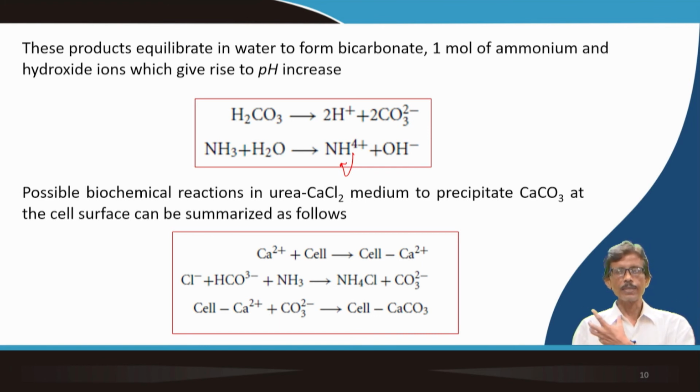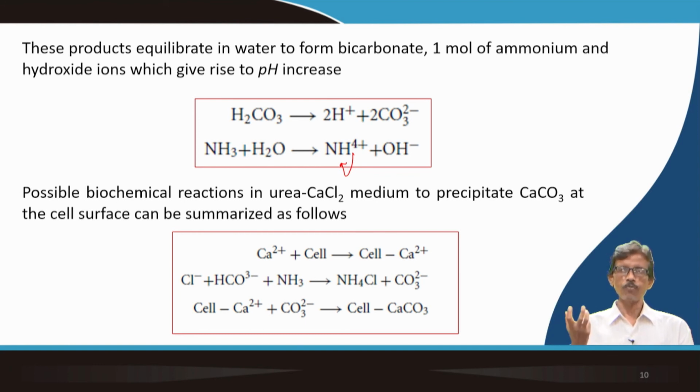Now, a simple reaction with chloride ion: bring chloride ion, ammonia is already there and carbonate is there, forming ammonium chloride. We are proceeding towards an ammonium carbonate, ammonium hydroxide buffered medium, and also another equilibrium due to H2CO3. So, the carbonate will replace that, will not interact with the chloride ions but will interact with the calcium. So, that gives you the cell-bound calcium carbonate; the cell is your template now.